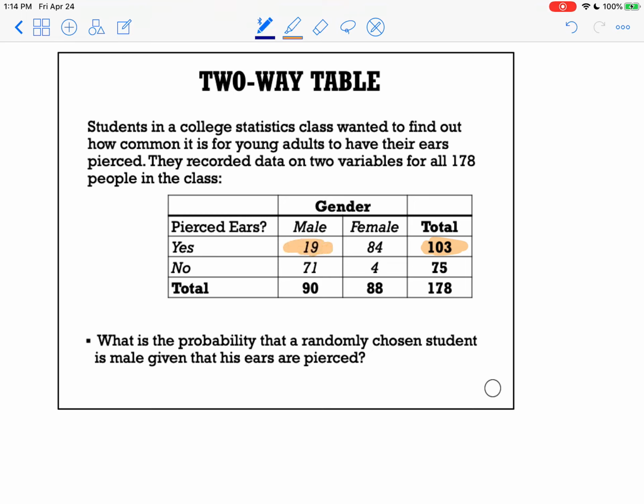So the probability that I choose a male student, given that the ears are pierced, is going to be 19, because there are 19 males that have their ears pierced, out of the 103 people that have their ears pierced.